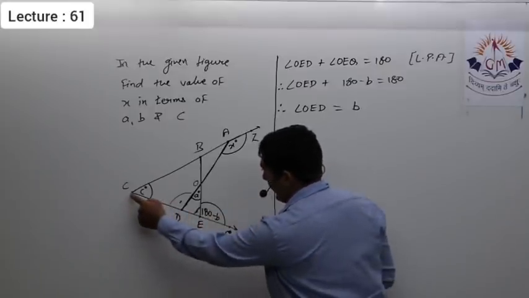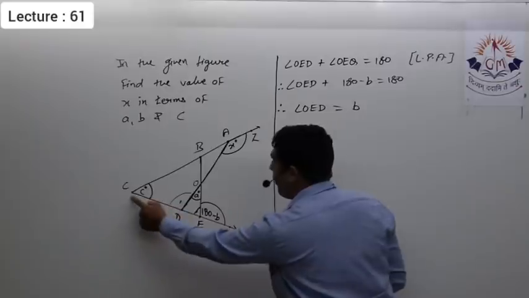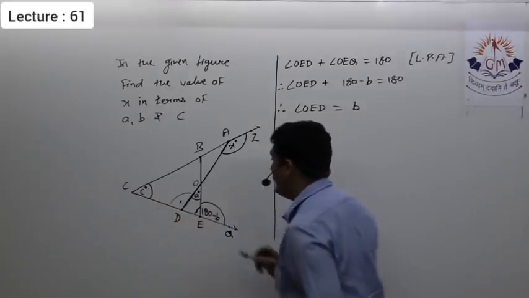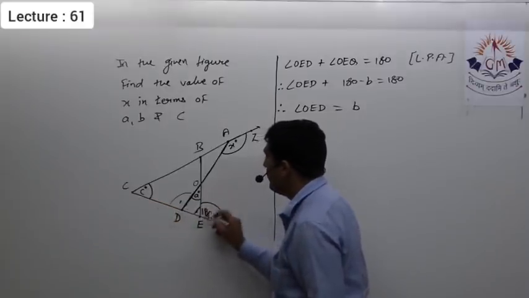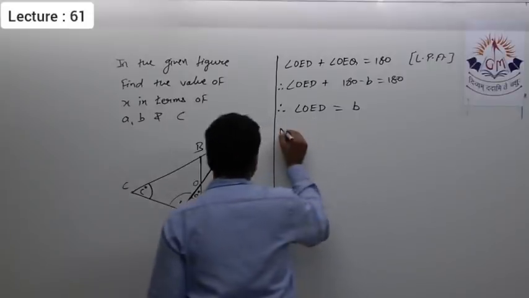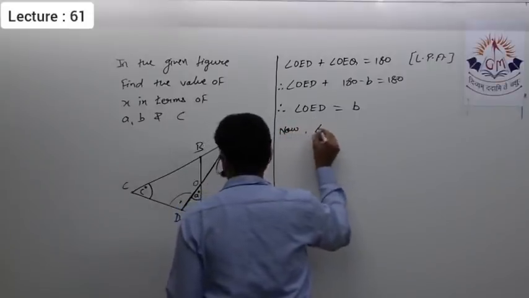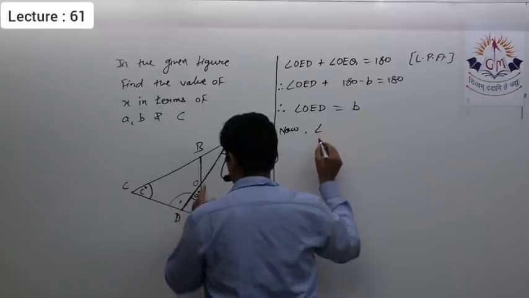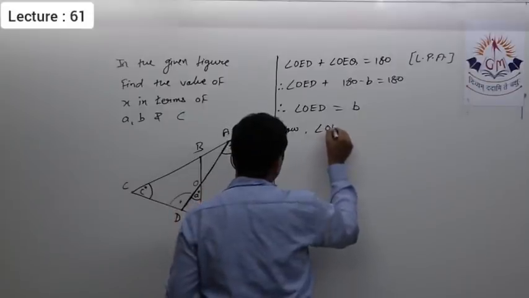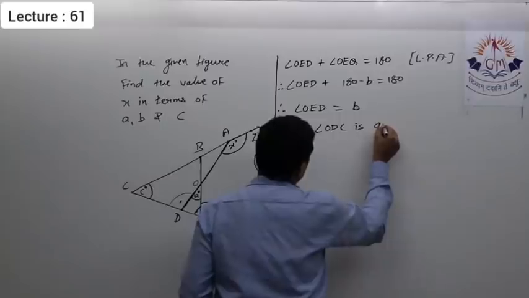Now angle CDO, or CDA, whatever, is an exterior angle for triangle ODE.